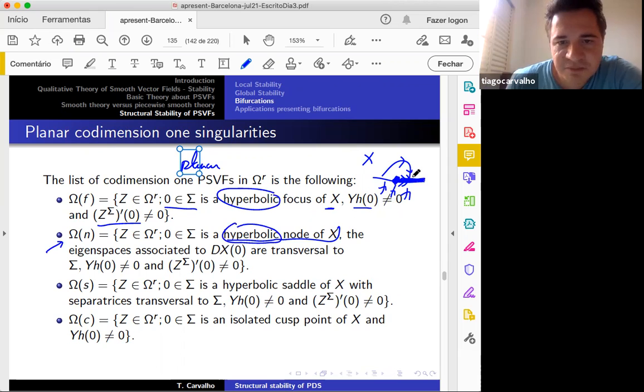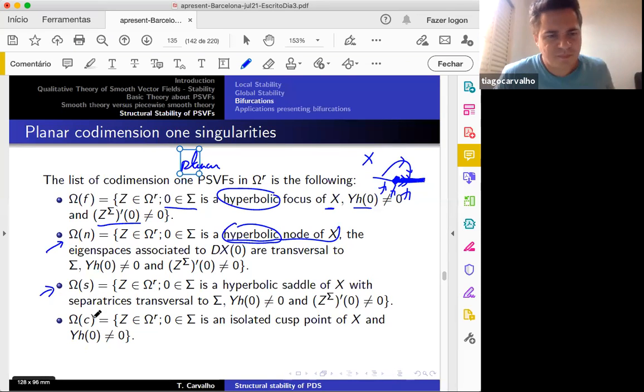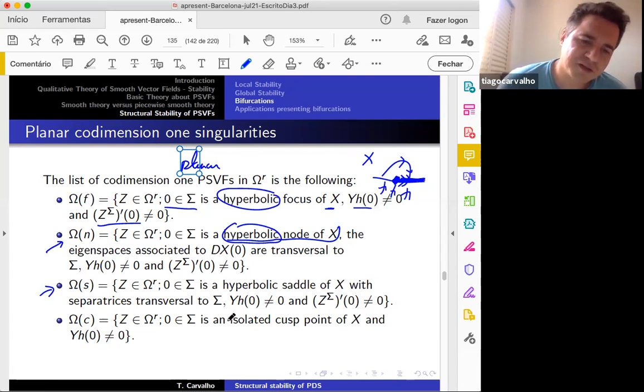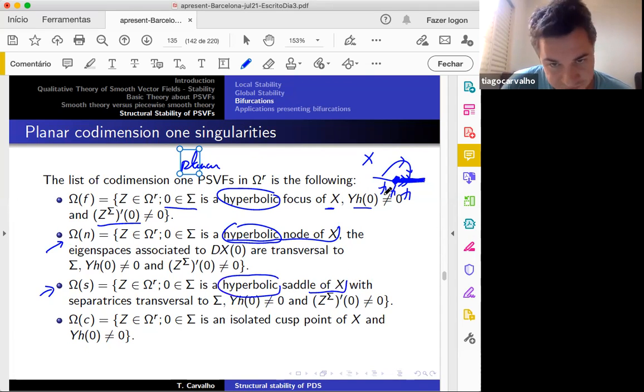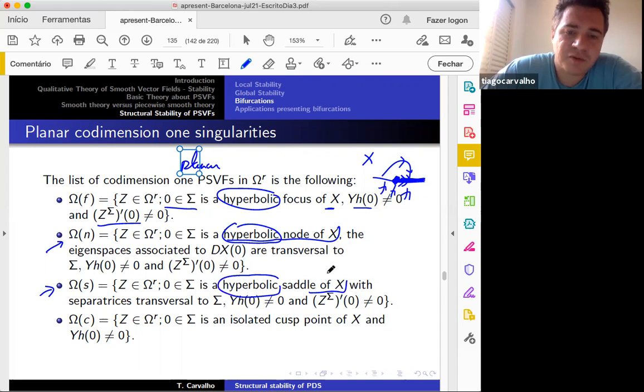The picture is the same, but the x vector field has a node. The third one is the set of vector fields such that x has a hyperbolic saddle. The picture is the same, the behavior is the same, just changing the hyperbolic equilibrium of x by a saddle. Okay.